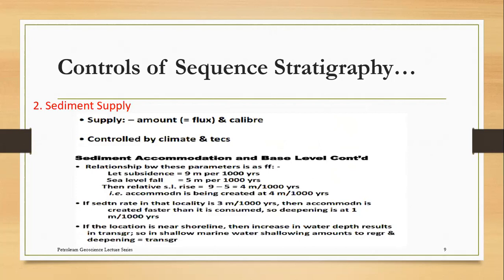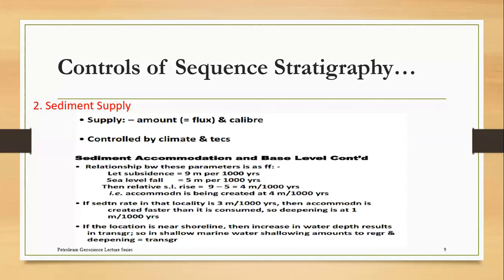So looking at this illustration here, when you have sedimentation rate in a locality lower than the accommodation space, then it means that the accommodation space is being created faster than sediment accumulation. You get? So this will tell you a story about the kind of strata stacking patterns you will find.